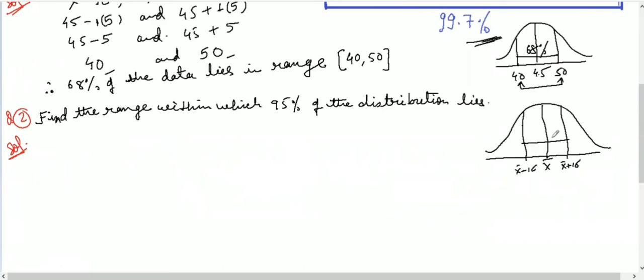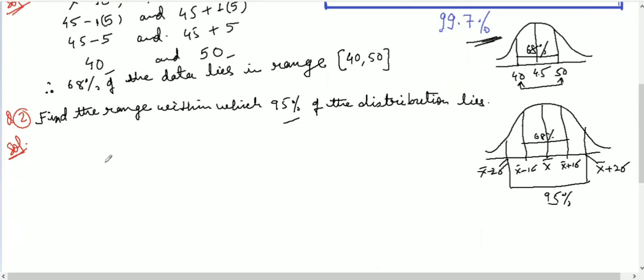So from here 68%. But when we go to the second line, this line represents 95%, and this is the question we have. So this is x bar minus 2 standard deviation, and this one represents x bar plus 2 standard deviation.